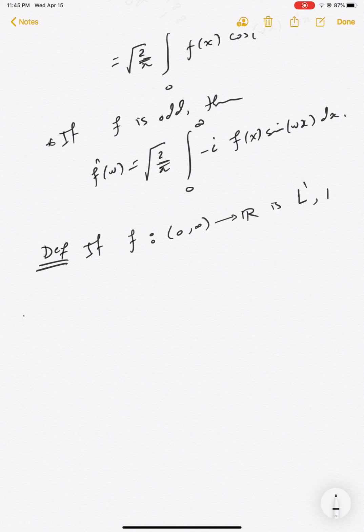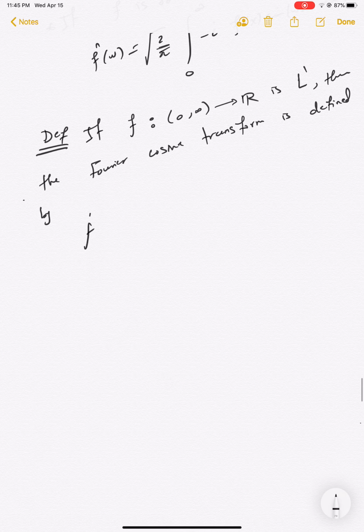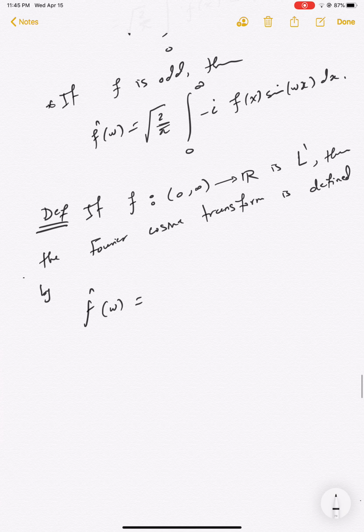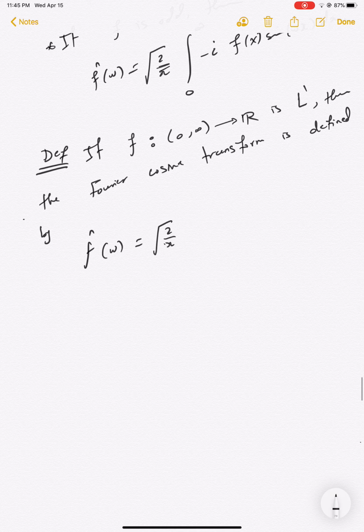So if this is L1, then the Fourier cosine transform is f hat of omega. It is exactly this thing: root 2 over pi, integral from 0 to infinity, f of x cosine omega x dx.